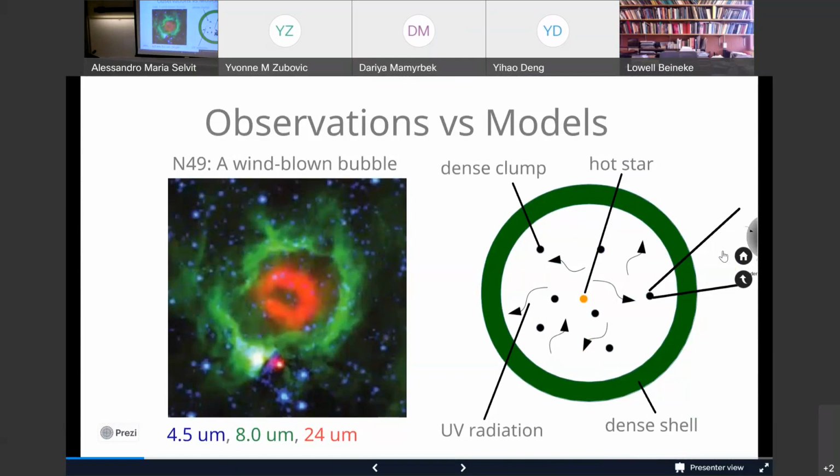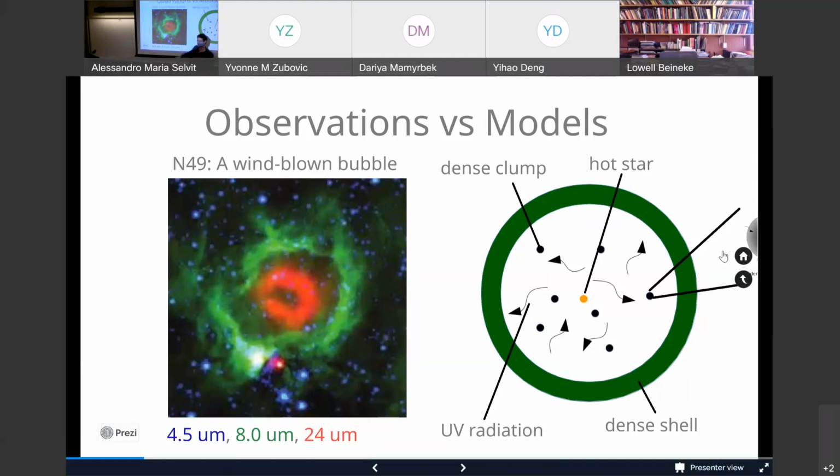So we have a massive star, something like 10 to 20 times the mass of our sun. And such a star will give off dramatically more ultraviolet light than our sun gives off. That ultraviolet light is very effective at pushing the surrounding gas away. So that creates a nearly evacuated cavity. And then that gas, as it gets blown further and further away, creates a dense shell surrounding the hot star.